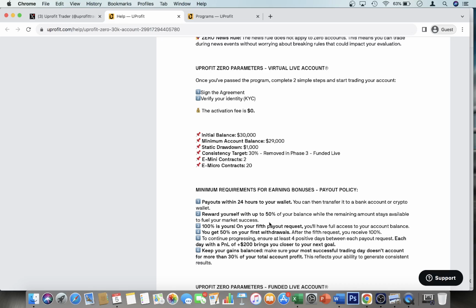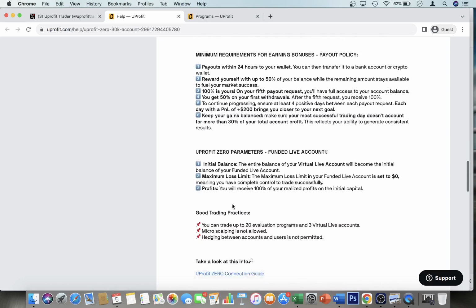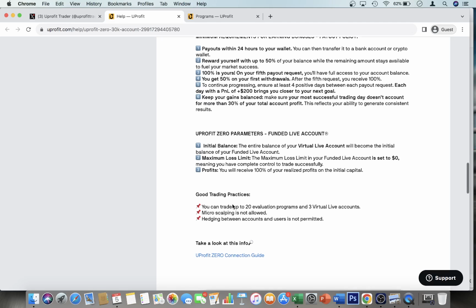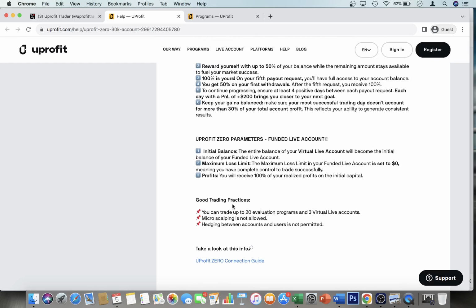The payout within 24 hours, I like that. That's reasonable. But for me, no news rule, no activation fee, swing trading is allowed, $62. You can't really beat that right now, and you could trade on the Mac. That is great to me.